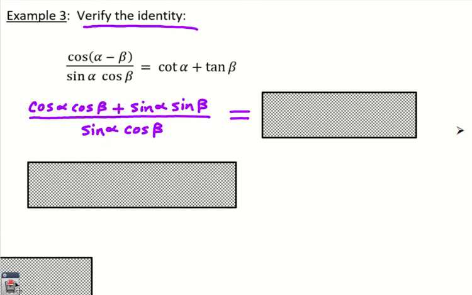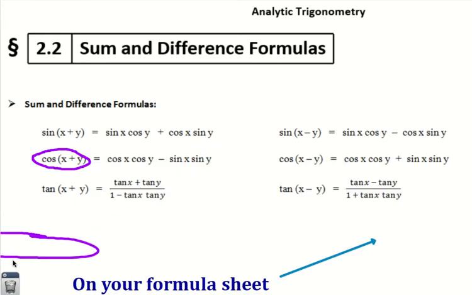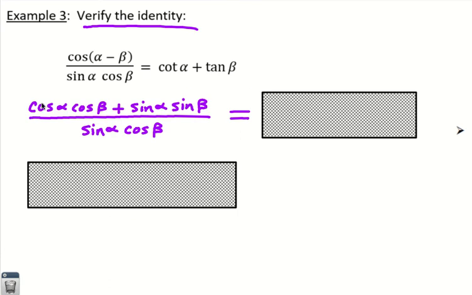We look at our formula sheet and see that the cosine of a difference is equal to cosine, cosine, plus sine, sine. But instead of x and y, it's alpha and beta. And the bottom just stays.